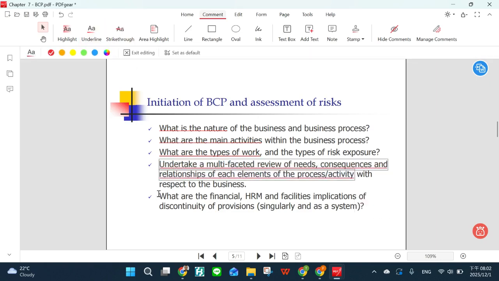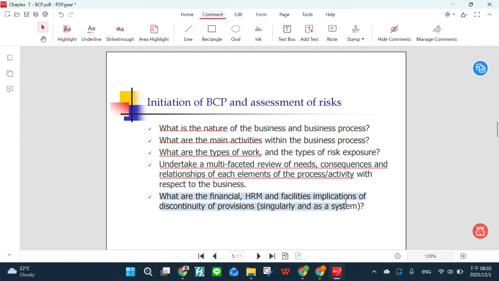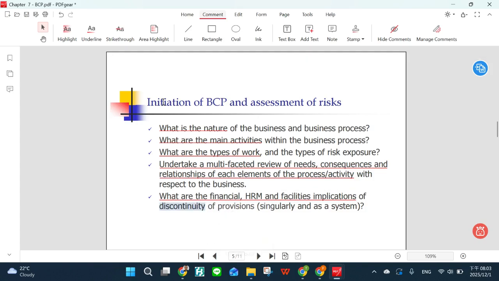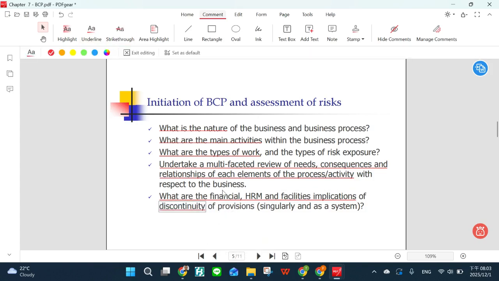Like some of you may manage a school. If your school projectors are all networked to your system, and then your system goes down, all your projectors cannot work. So for that day, no classes can be conducted because no projector.